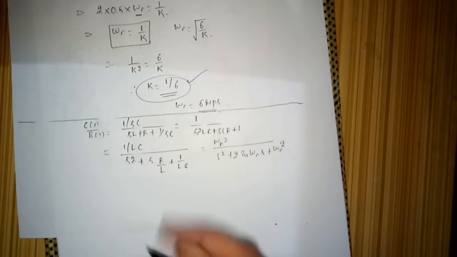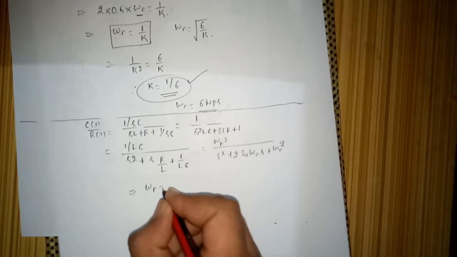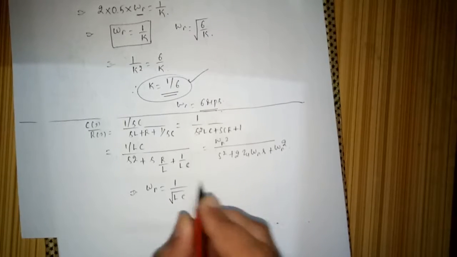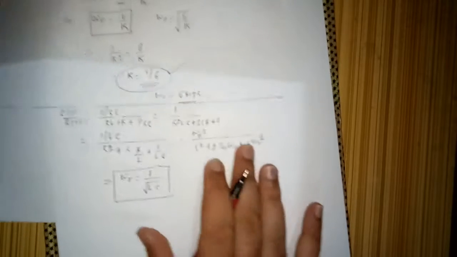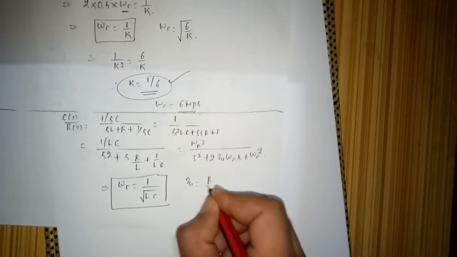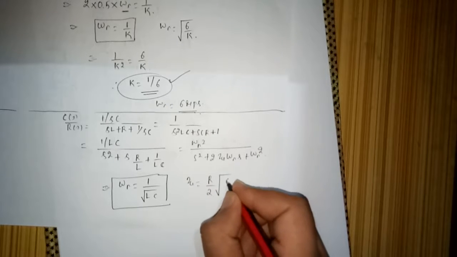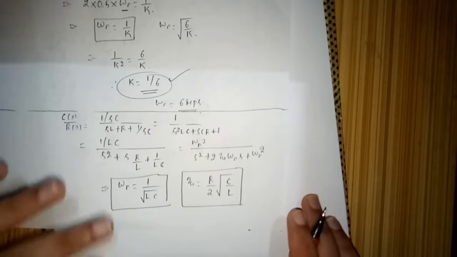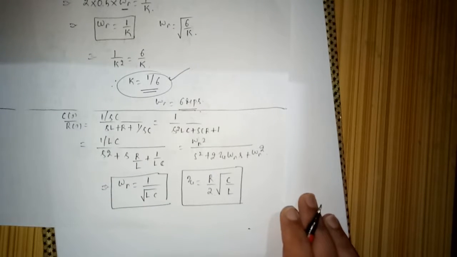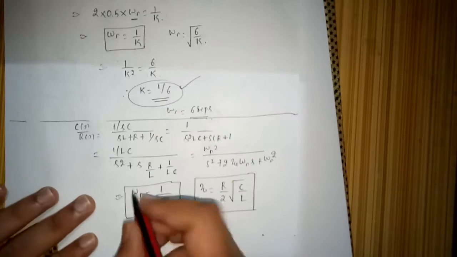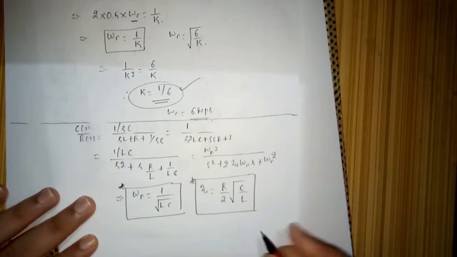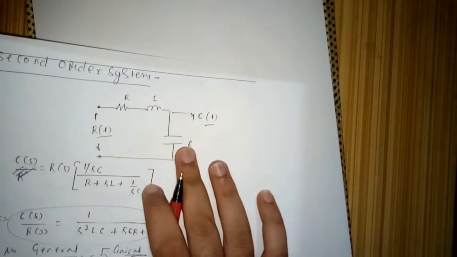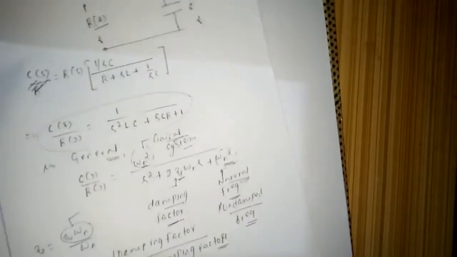If I compare these two terms, I get omega n equal to 1 by root LC, and zeta is equal to R by 2 root C by L. This is very important, you should remember these standard things. So this is omega n, very important, and this is how you get zeta from a simple low pass RLC. We have taken low pass only because we know control systems are generally low pass systems, right?